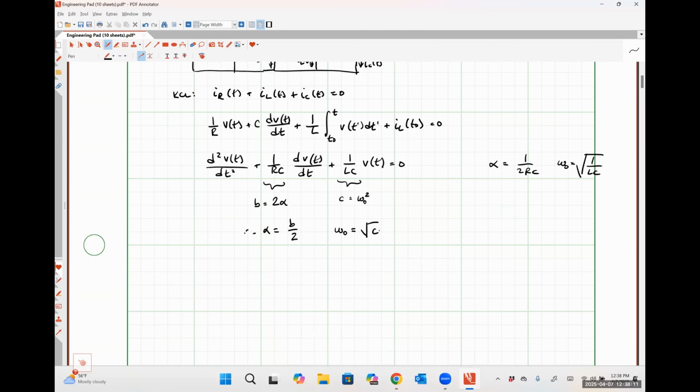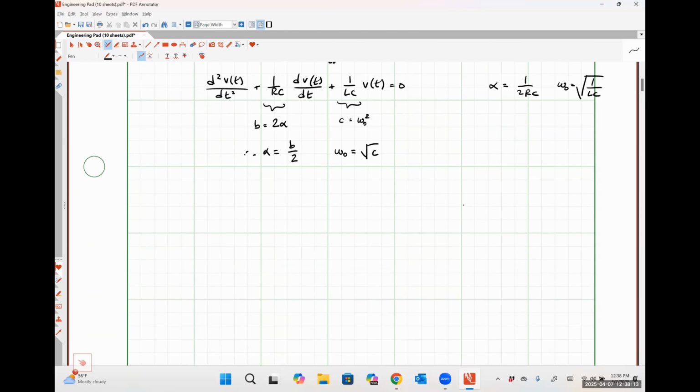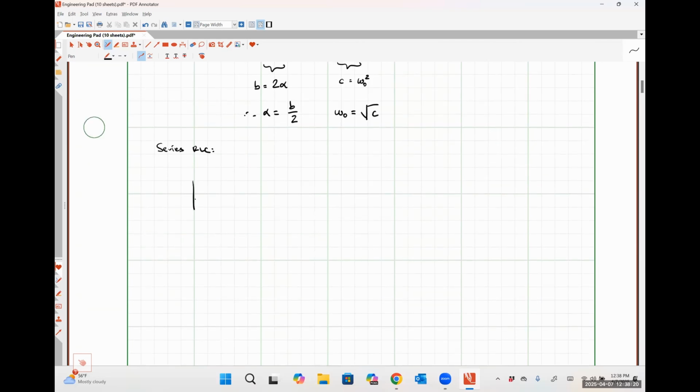Okay. So now let's look at a series RLC circuit really quickly. In a series RLC circuit, we might have something like this. Let me remember ballpark how I did it. I know over here I had an R and an L and my capacitor.